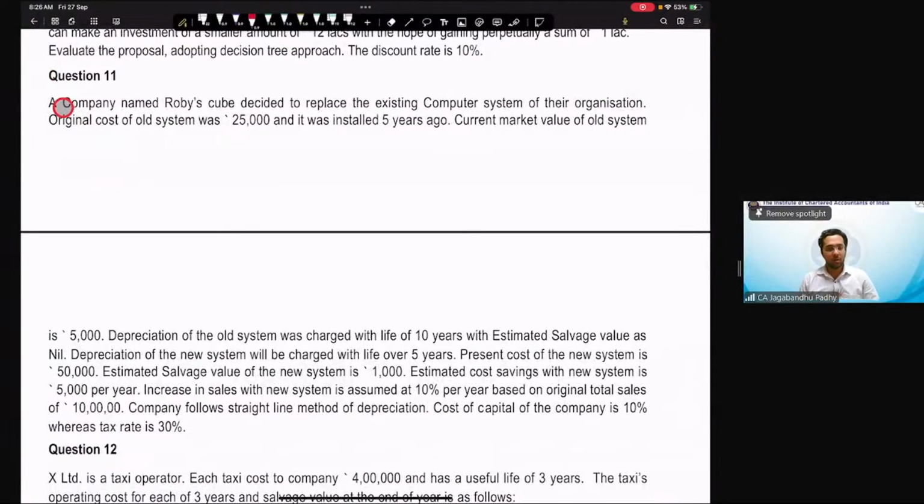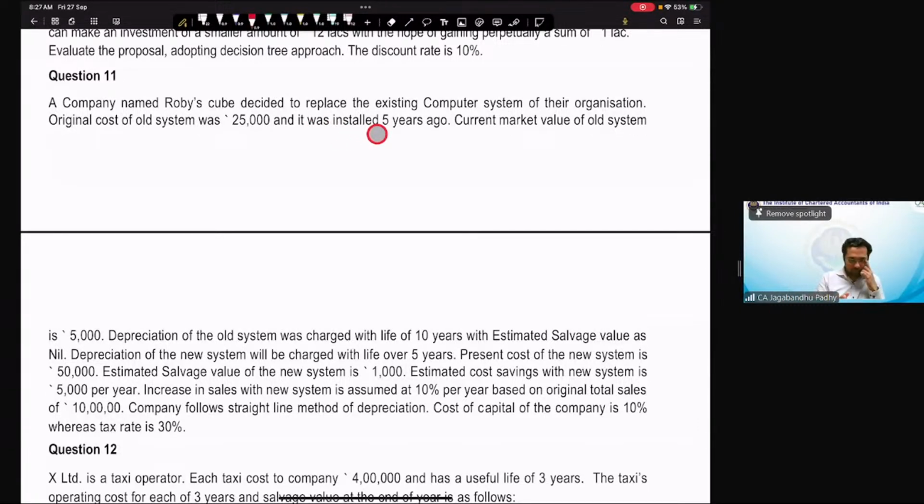A company named Robbie's Cube decided to replace the existing computer system of their organization. The original cost of the old system was 25,000. Remember, we purchased this old system for a price of 25,000 5 years ago.